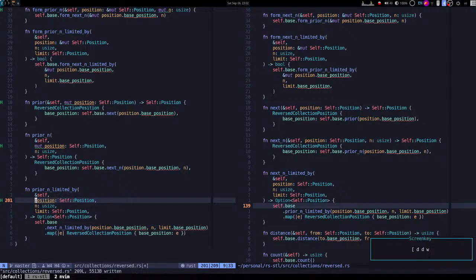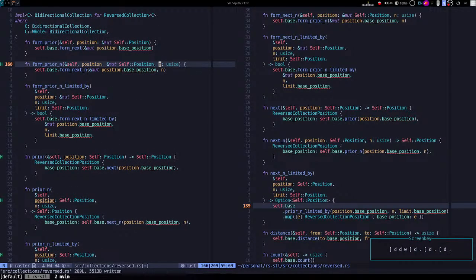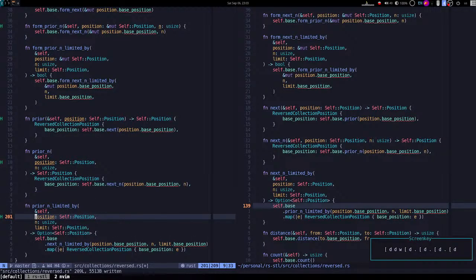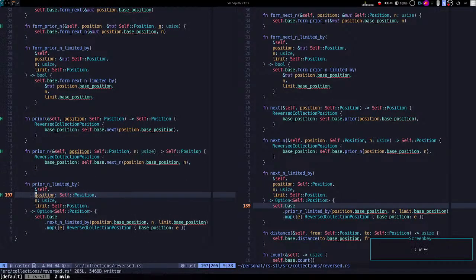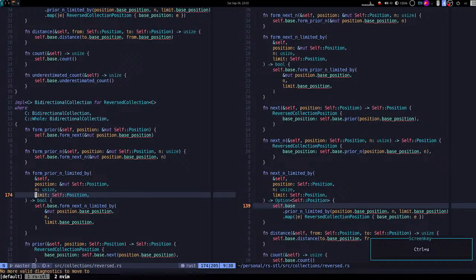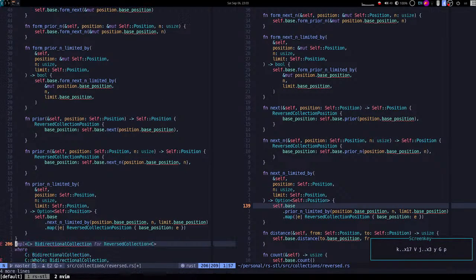Okay, nice. So we implemented bidirectional collection for the same. Now it's time to implement random access collection for the same, right?